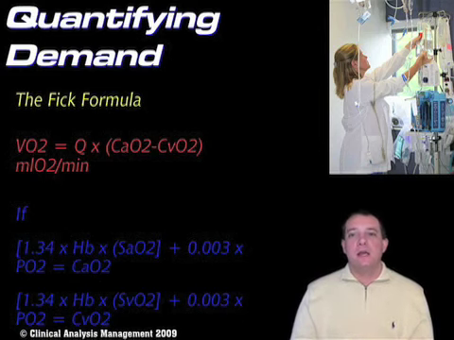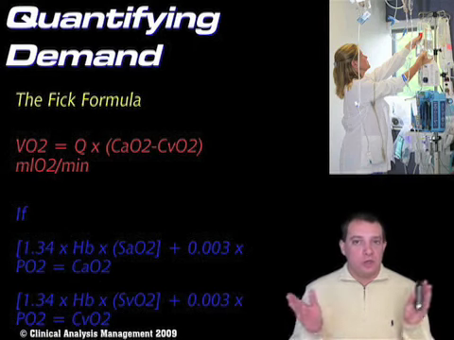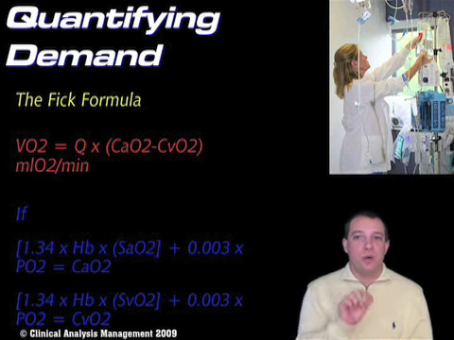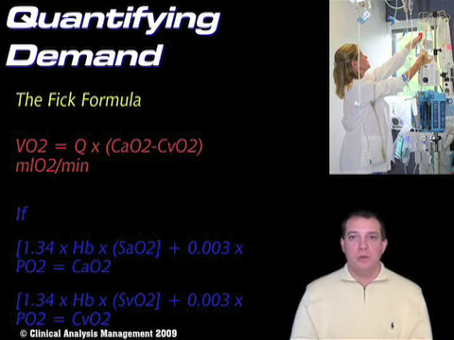So I'll say that again. When we're measuring the CvO2, the only thing that we change in the formula, assuming we're using the shorter formula and forgetting about what's in the plasma, is we just use 1.34 times the hemoglobin times the SvO2.